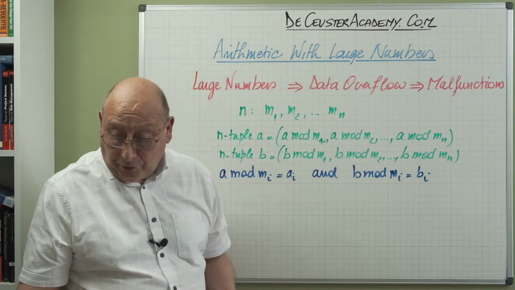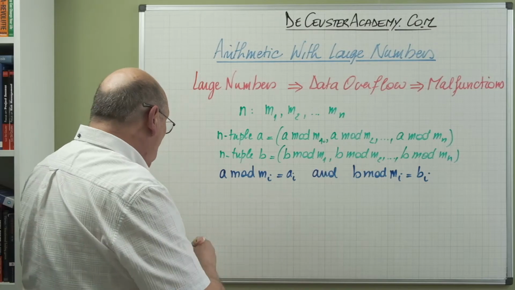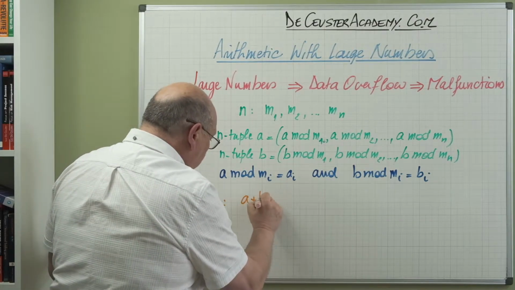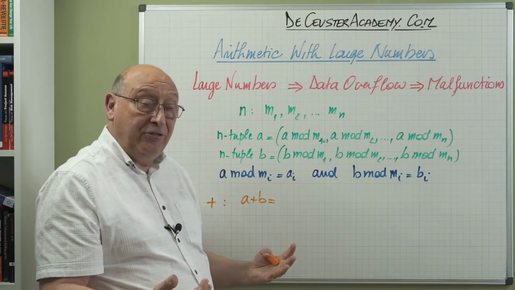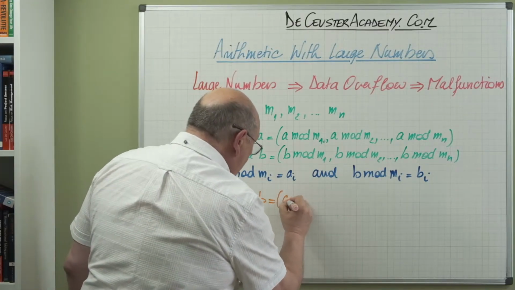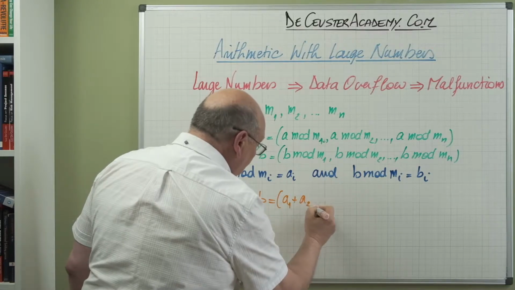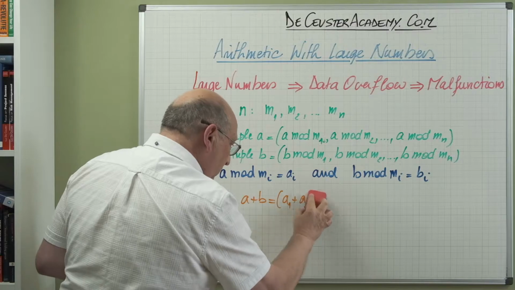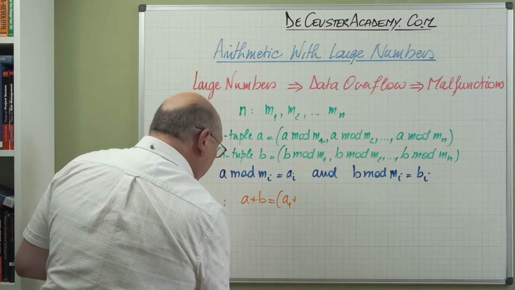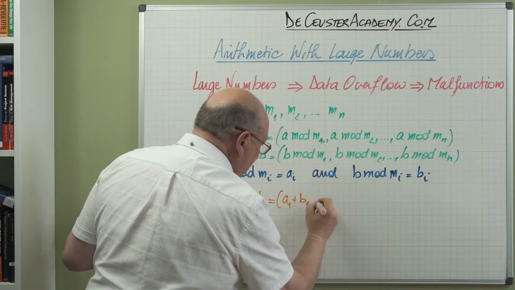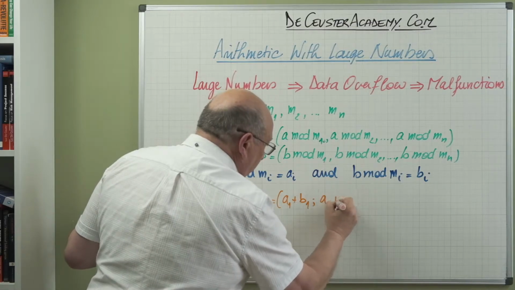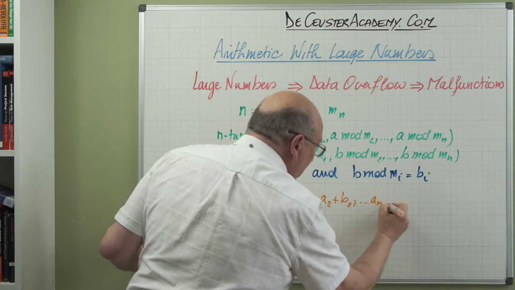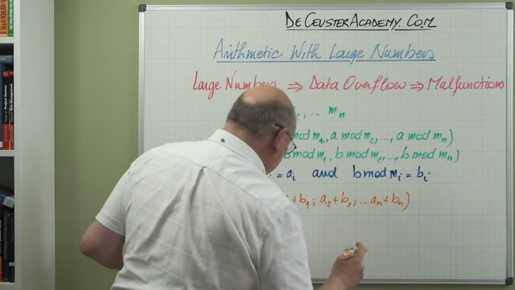Now, what are we going to do? We have two possible operations that we consider. We have the addition, and the addition of a plus b using the n-tuples is now a1 plus b1, a2 plus b2, up to an plus bn.